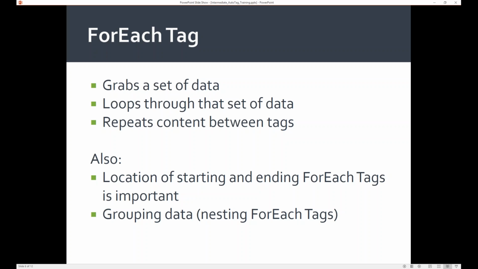I'll show you the importance of where to place the beginning and ending for each tag and show you the results of placing these tags in different ways. We'll also get into grouping data or nesting for each tags, and I'll show you how to group your data with nested for each tags.